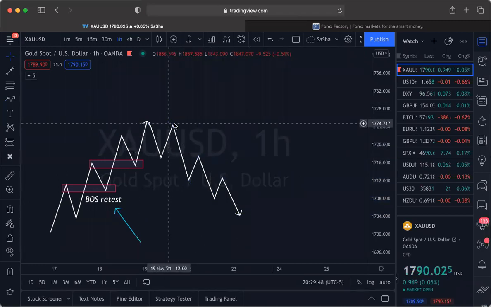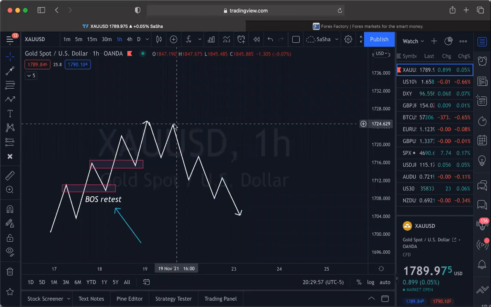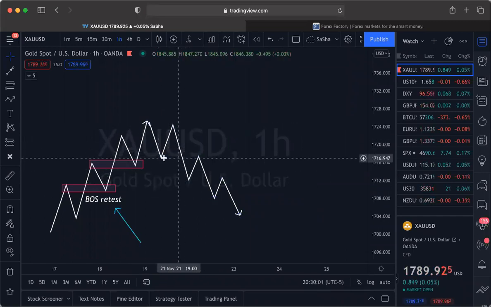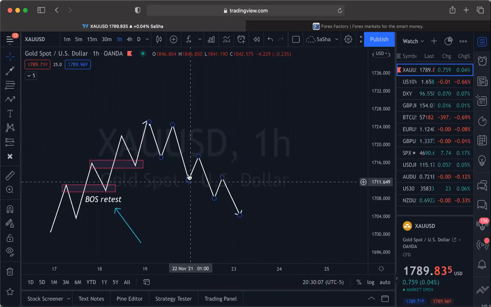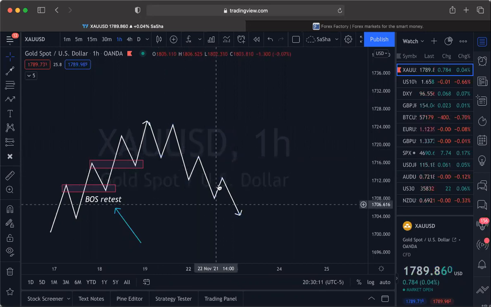It did not make a higher high, and sometimes it does not make a lower low in the first go, but then this leg broke the structure of this leg and moved down and made a lower low. Now price wants to come back, retest this break-off structure, and so on.